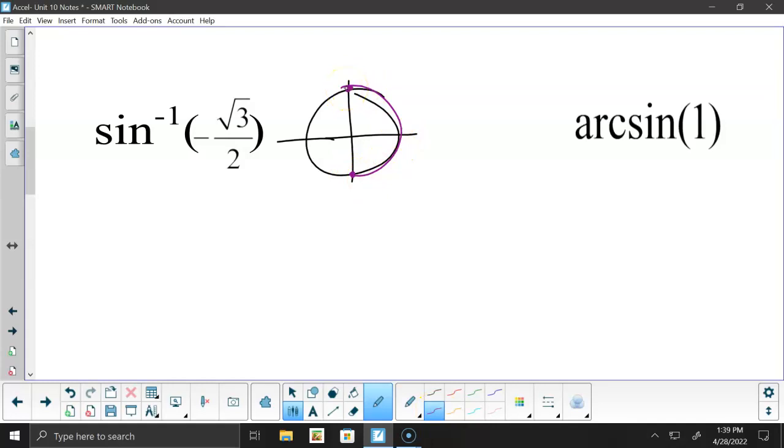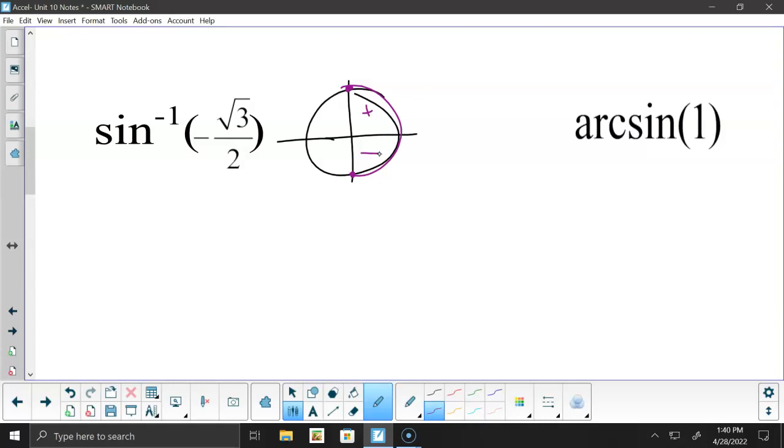Why do you think we're only focused on quadrants 1 and 4? Think about the sine values there. They're positive up here. What are the sine values down here? Negative. So what we're doing when we're solving inverse functions is we're looking for what is the fastest way to get possible answers off of the unit circle.